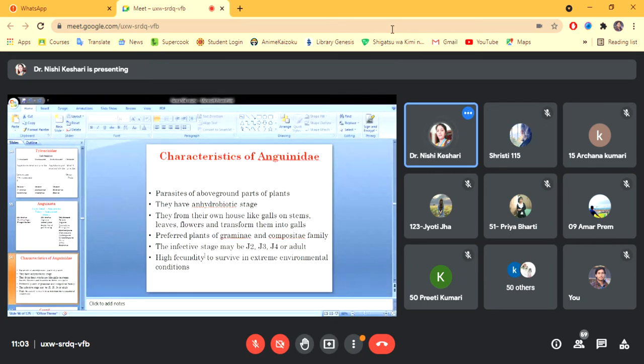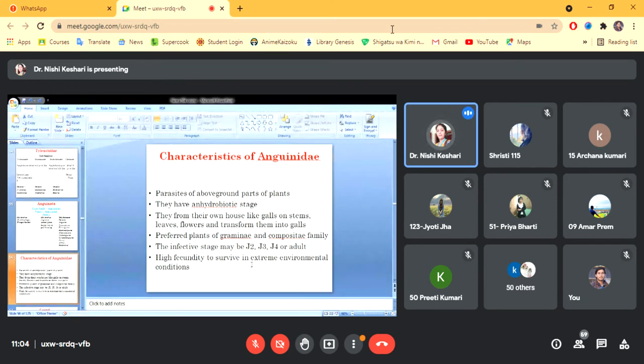These are the hosts. The infective stages may be J2, J3, J4, or adult. Generally nematodes have only the J2 stage as the infective stage, but in some cases there are exceptions, like here, where the infective stages may be J2, J3, J4, or adult.